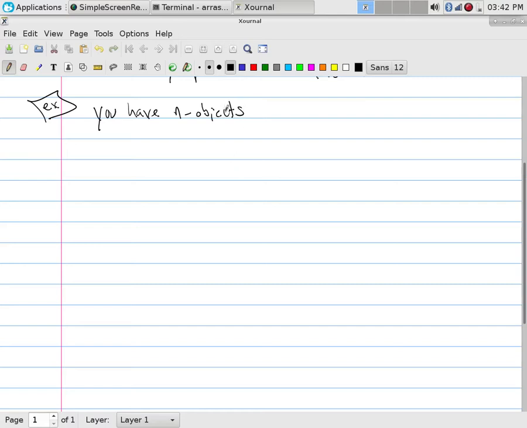For example, if I have a particular problem, and the idea is we have n objects. If I was only interested in arranging these objects, then we would have n factorial arrangements of them.